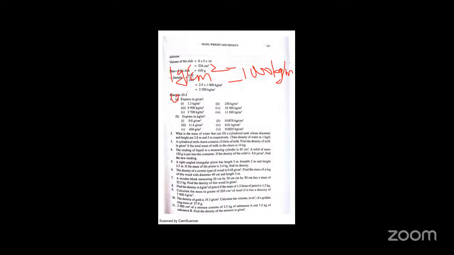How about the 0.8 gram per cubic centimeter? When you cross multiply, you have 0.8 times 1000 divided by 1, which gives us 800 kilograms per cubic meter. Teacher, which one? You said B, Roman 5. Yes, I am saying because Monica did Roman 1, that's why I've done it. It's okay.